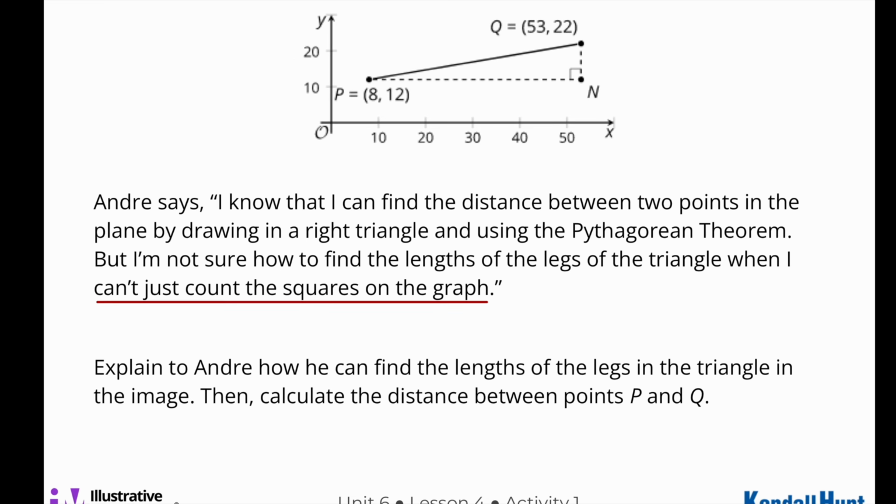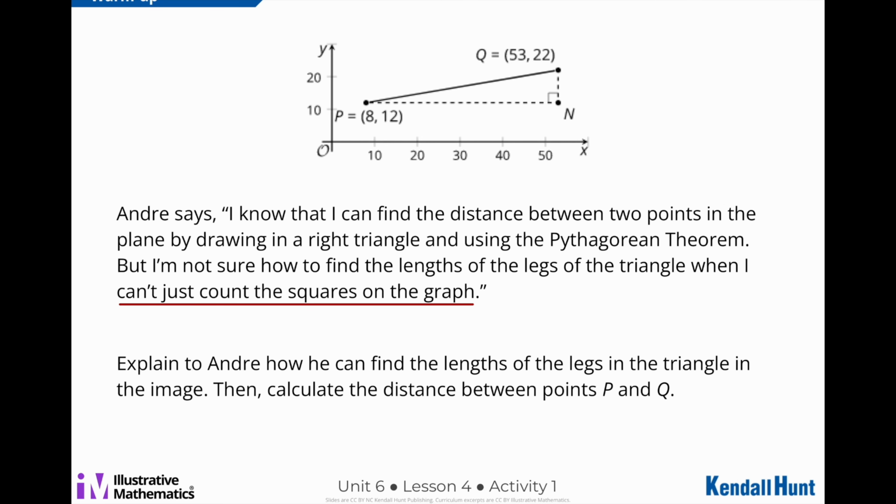So if we can't count the squares on the graph, we can subtract the x and y values. And in this case, because we're using the Pythagorean theorem and we're going to be squaring things, you don't actually need to make sure that your order of subtraction is good. You just need to make sure you're subtracting x with x and y with y. So y minus y, we can do 22 minus 12.